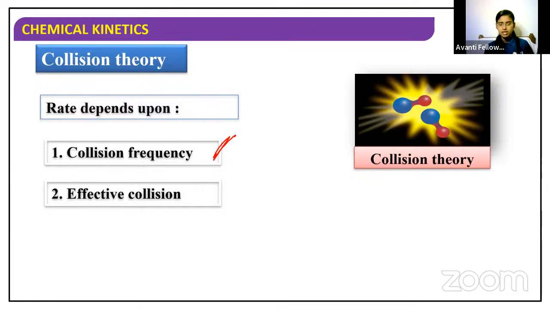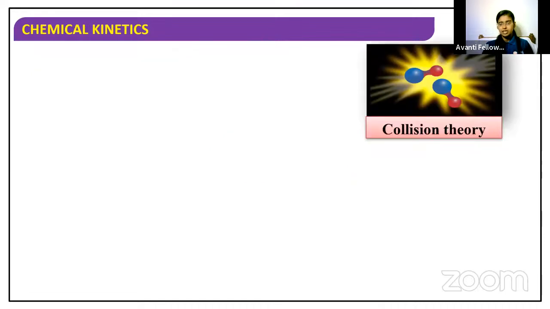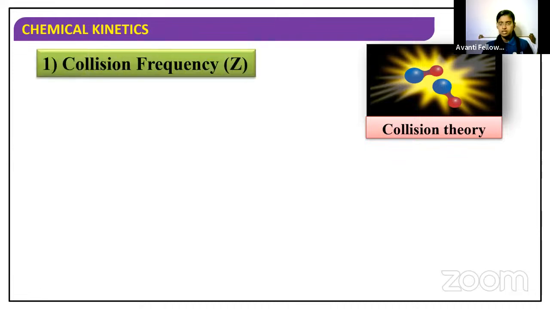The other factor which affects the rate is effective collision. What is meant by effective collision and what is meant by collision frequency? Now we are going to study these two terms in detail. I'll go in order, starting from collision frequency itself.